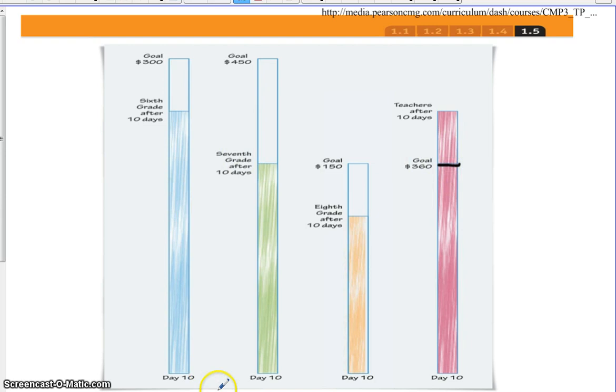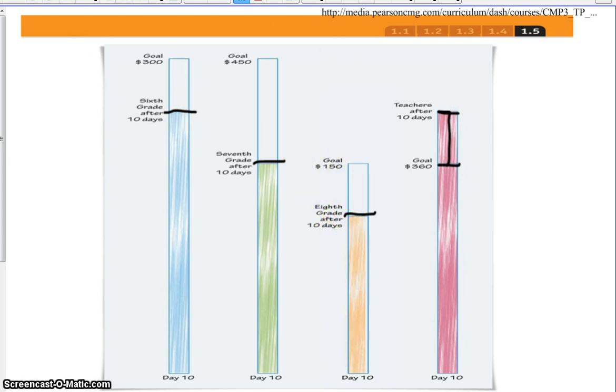After 10 days, the sixth grade has raised up to this far of their goal. Seventh graders have raised that much of their goal. Eighth graders have raised that much of their goal. And the teachers have gone this far above their goal. So we're going to take a look at how we can make some comparisons.